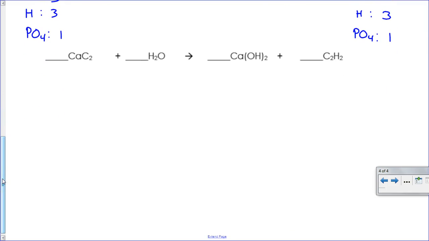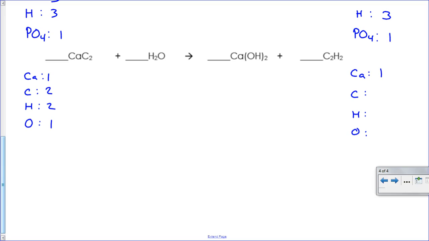For CaC2, we've got Ca, we've got C, we've got H, and we've got O. Calcium, there's only 1. Carbon, there's 2 of them. Hydrogen, there's 2 of them. Oxygen, there's just 1. On the other side, Ca, C, H, and O. For calcium, we've got 1 calcium.